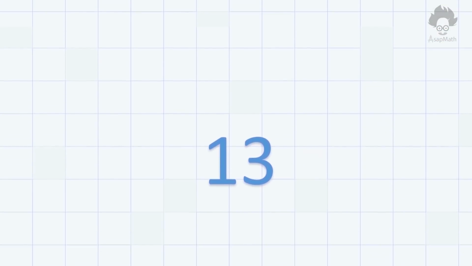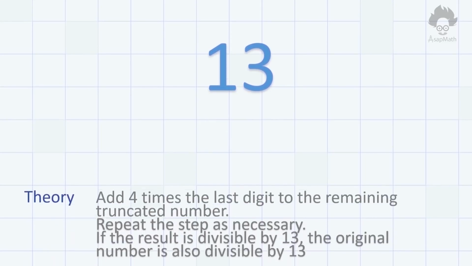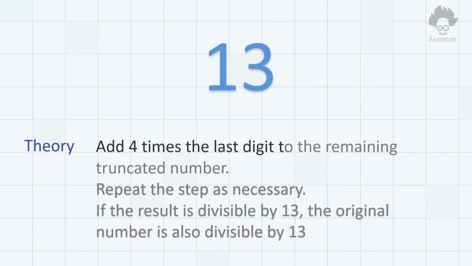Let's go to the number 13. Here add 4 times the last digit to the remaining truncated number. Repeat the same step as necessary. If the result is divisible by 13, the original number is also divisible by 13.